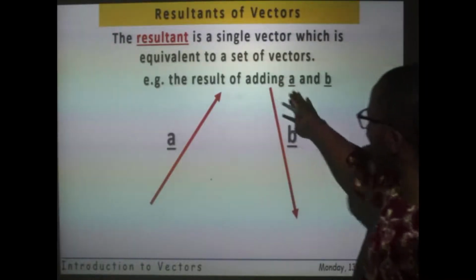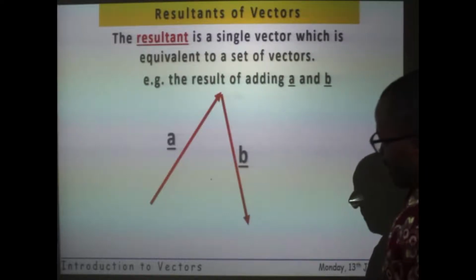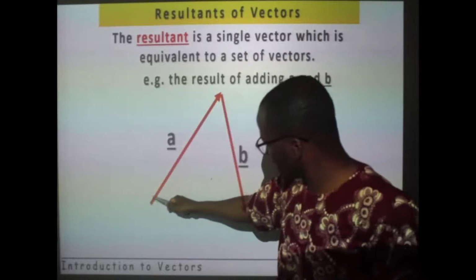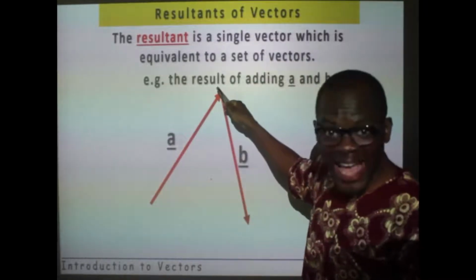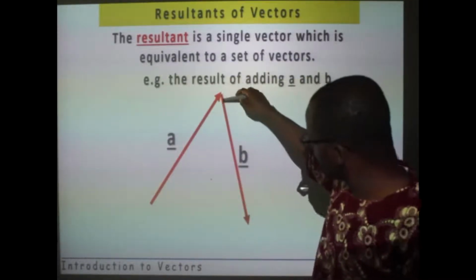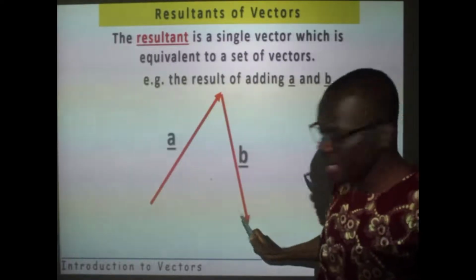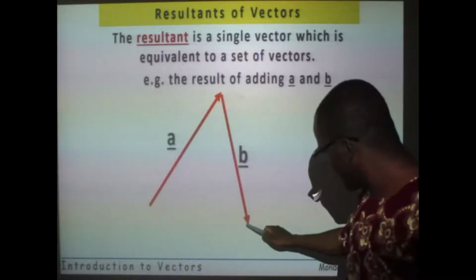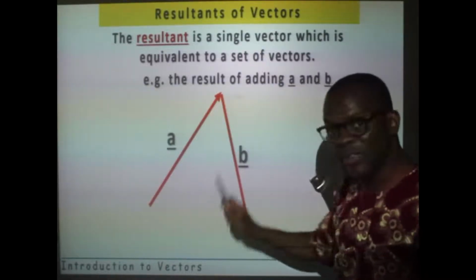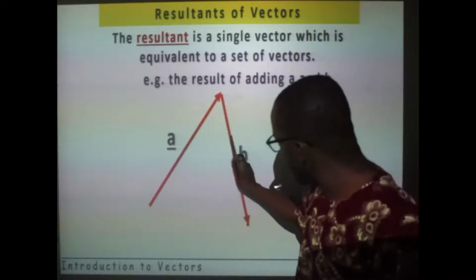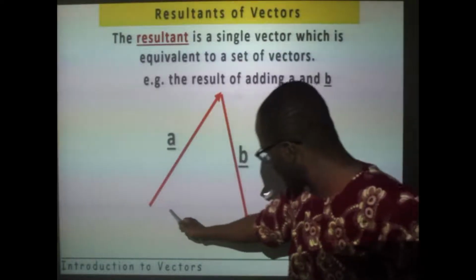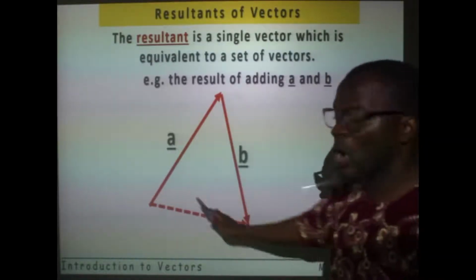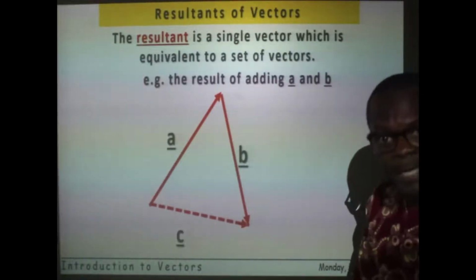For the resultant of adding A and B, you put the two together: you start from there, and there's A, and at the end of A you put the beginning of B, and it stops here. So the vector that combines A and B together starts there and ends right there. Let's call that vector C.